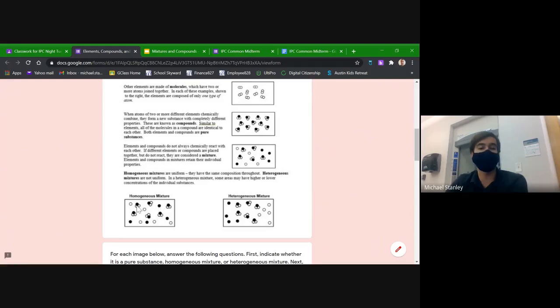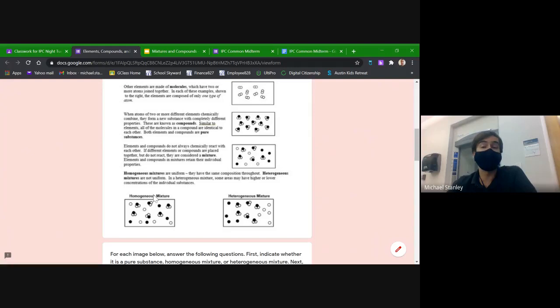So there's about the same number of white and black elements and compounds in here. They're all about the same distance apart. So not exactly, but pretty close. There's not really one area of the mixture where there's a lot more of one type of element versus another type.